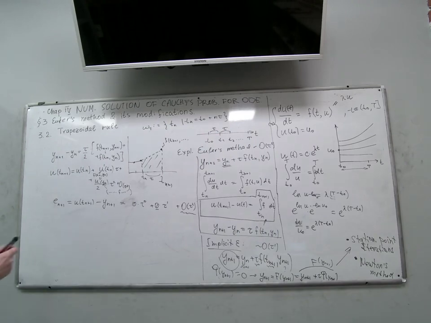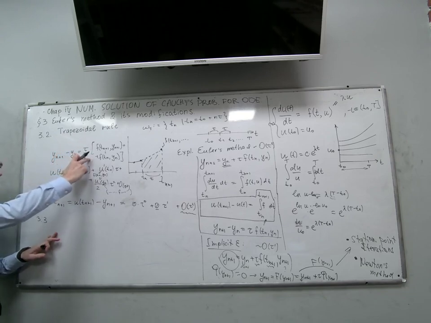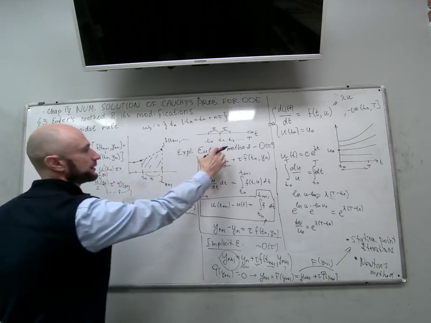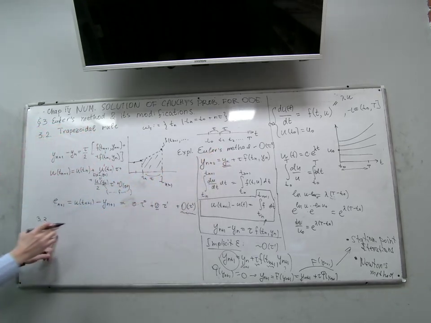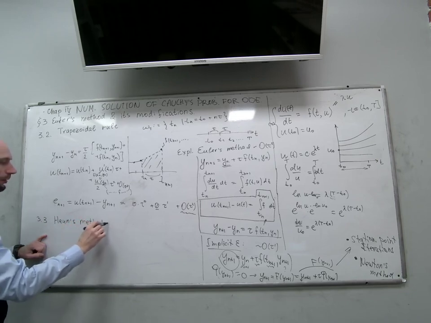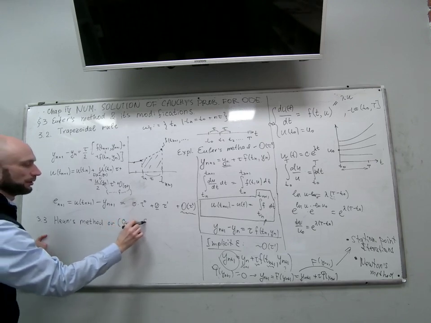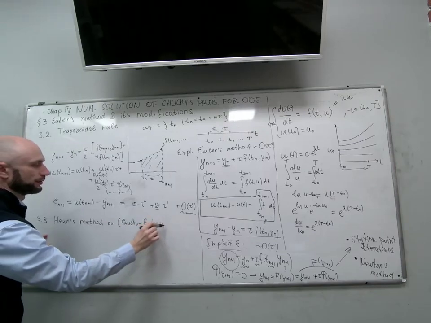Well, for this method, we can combine two approaches. We can combine this implicit approach and this explicit approach. And the method will be named Heun's method, or Cauchy-Euler's method.